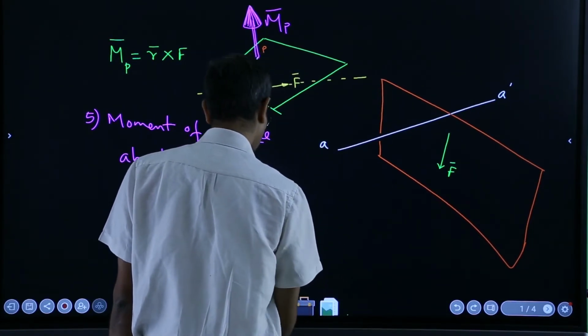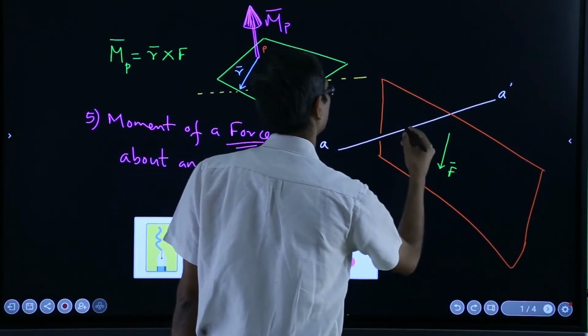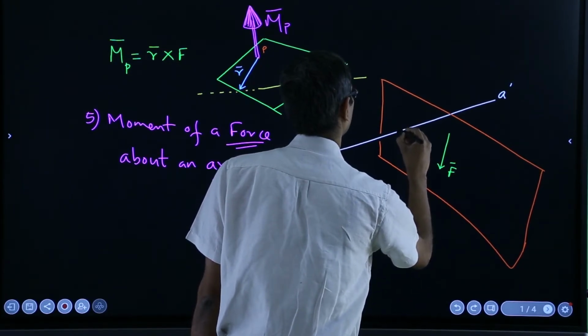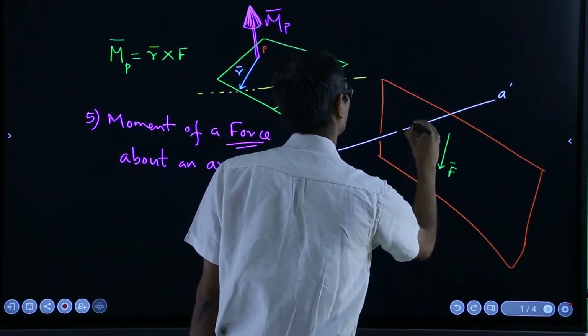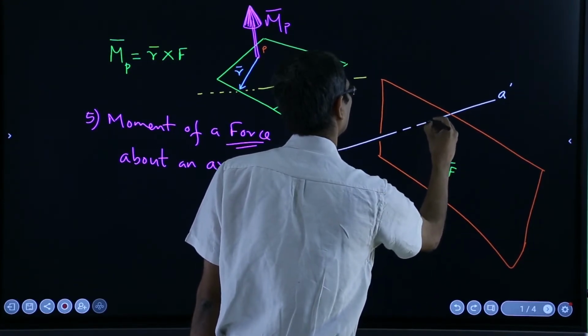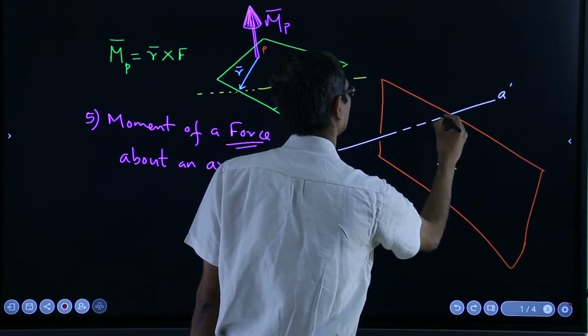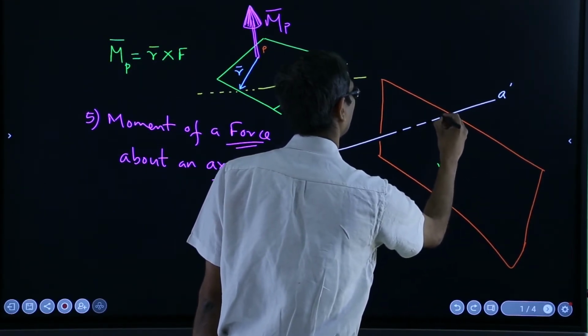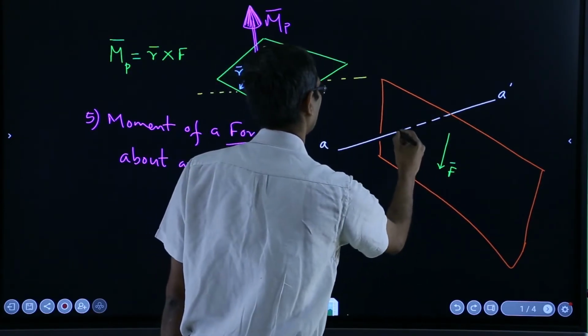Okay, I want to actually make it dotted in a way, so I'll do it like that. In a way, this portion is behind the plane.